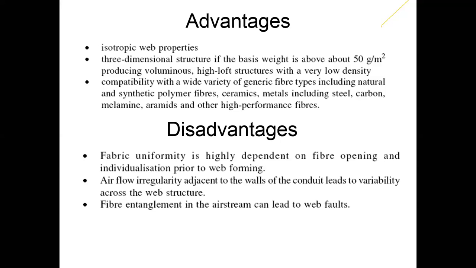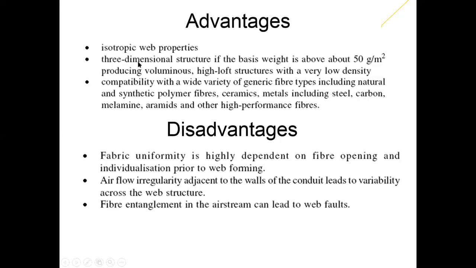So three-dimensional structure, if the basis weight is over 50 grams per square meter, produces a voluminous high loft structure with very low density, compatible with a wide variety of fiber types including natural, synthetic and high performance fibers. Fabric uniformity is highly dependent on fiber opening and air regularity. So here they have mentioned the advantages and disadvantages of the air laying technique.